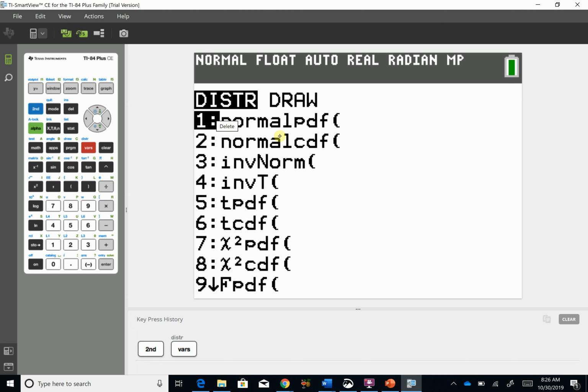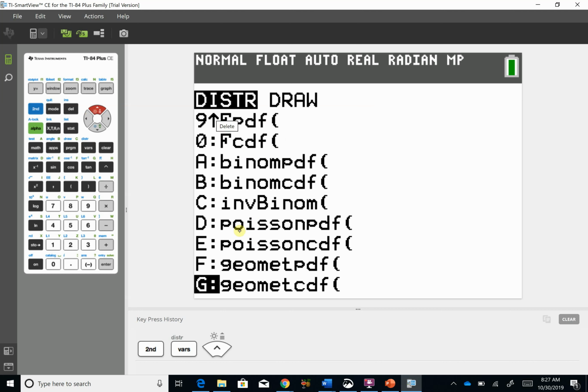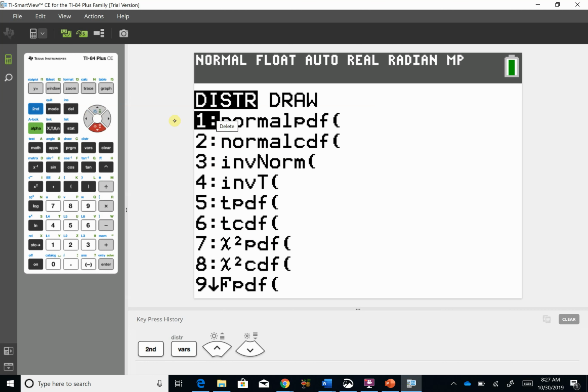We're looking at the normal distribution. Remember, this is the same menu where we'd find Poisson and our binomial. So now we're working with the normal distribution with our continuous variables. And we always want to go CDF to find an area.